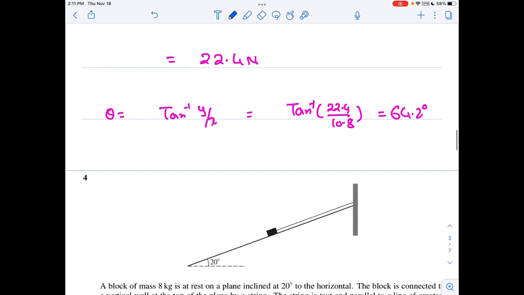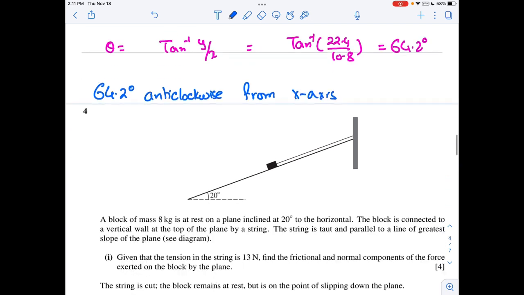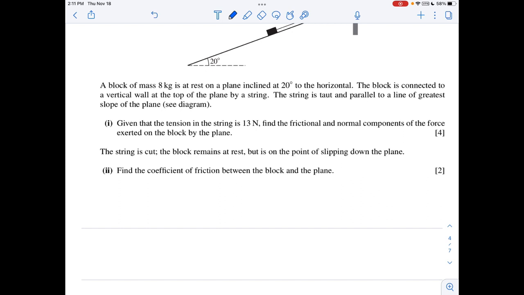So what am I going to write? 64.2 degrees anti-clockwise from the x-axis. That's question number 3.